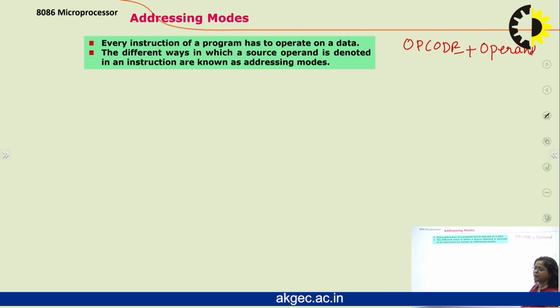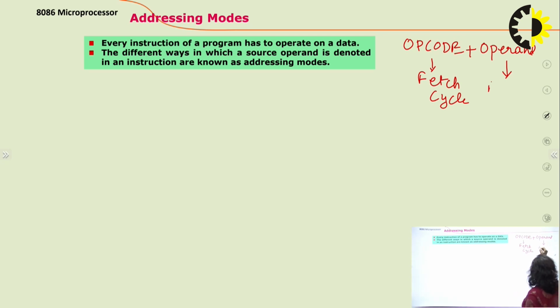The way in which a microprocessor fetches the opcode from memory is called the fetch cycle, and the way in which it fetches data from memory is called the execute cycle. There are different ways in which the operand is accessed in an instruction, which constitute addressing modes.